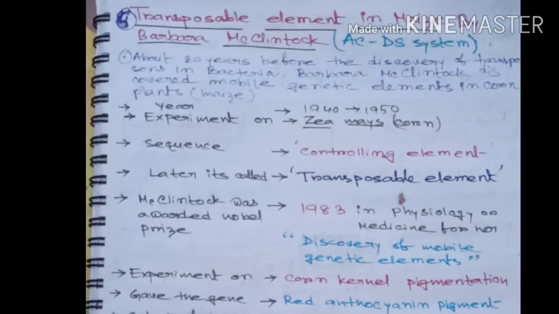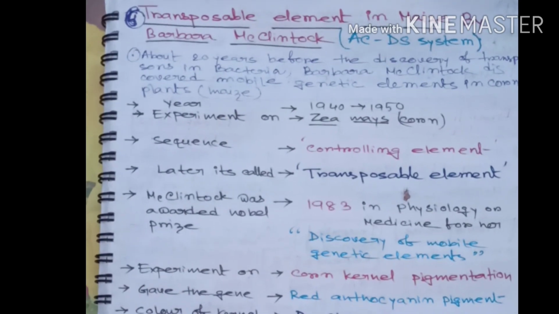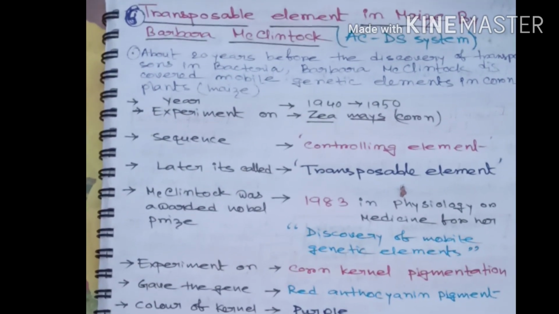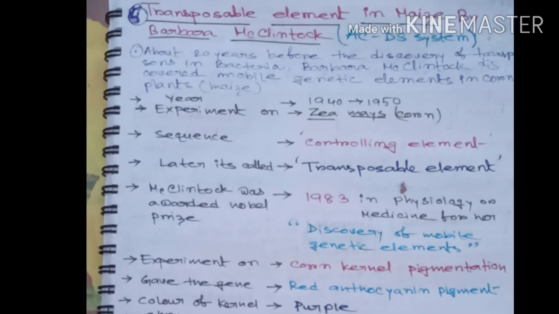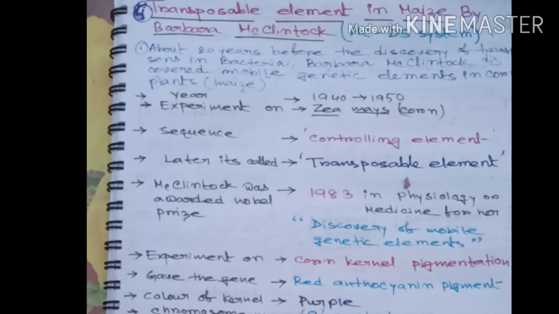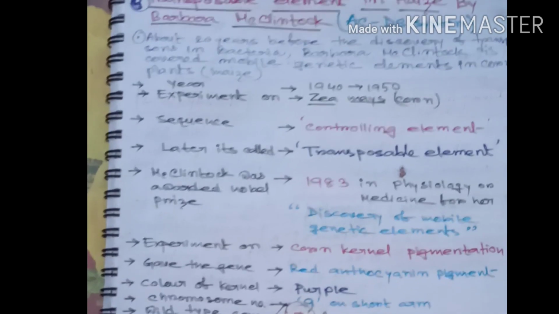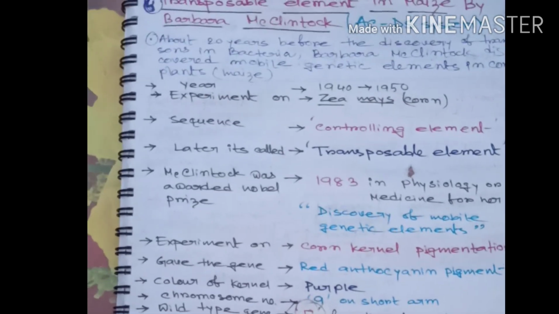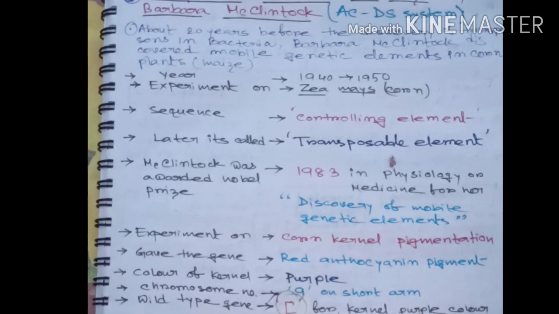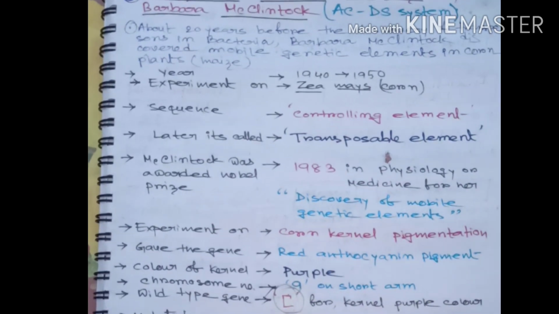She took the maize plant, scientific name Zea mays, and she called the element a controlling element, and later it was called transposable element. And she was awarded the Nobel Prize in 1983 after 40 years.